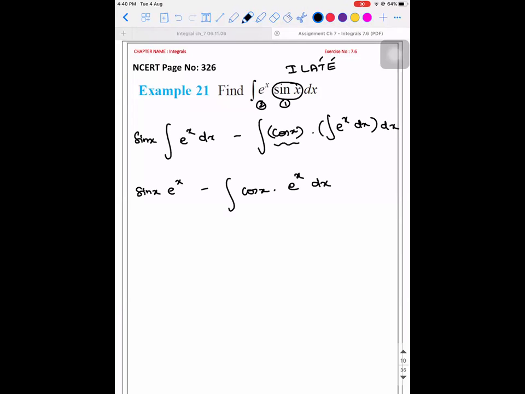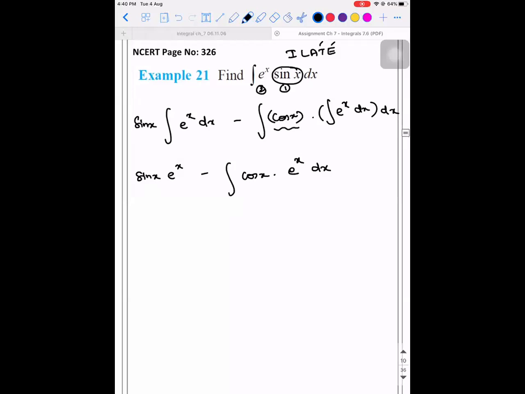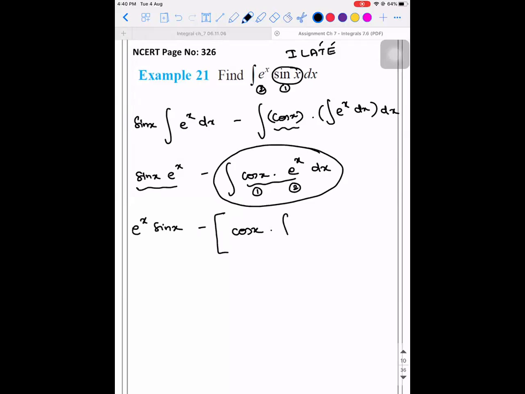I hope it is clear. The integration is not yet over, because this part is done, but you still have another integral here. So e power x into sin x I'm not disturbing, minus, observe. For handling this, what are we supposed to do? Again, this is the first function, this is the second function. First function into integral of second function minus integral of derivative of first function, that is minus sin x, into, what will you get?